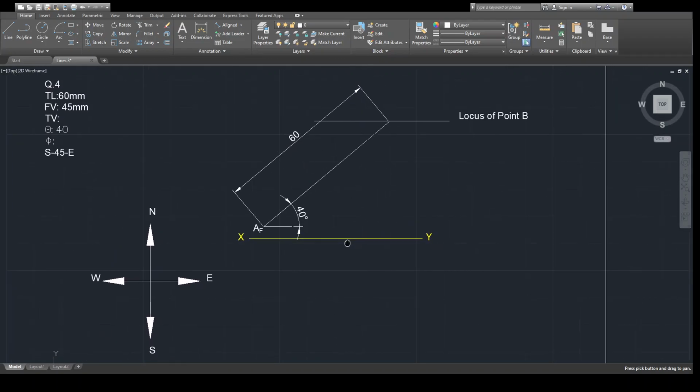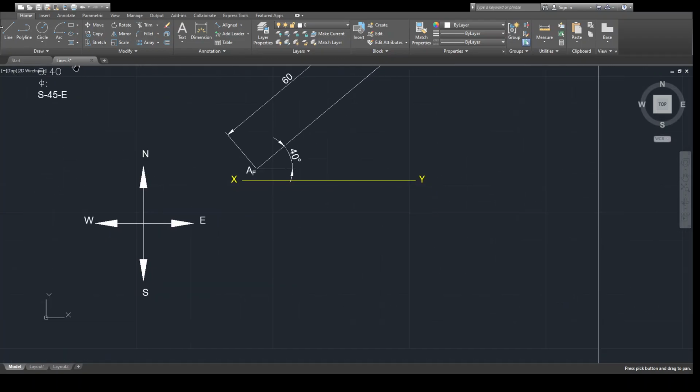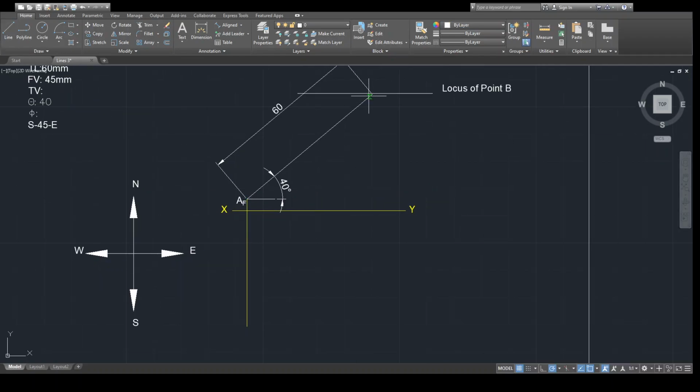What is next? S45E. Obviously AF and AH lie over the same projection line, so I will use yellow lines for projection lines. Remember, yellow lines for projection lines. Do not show dash lines here. Dash lines mean something different, which we will discuss later on, but these lines should be very, very thin.